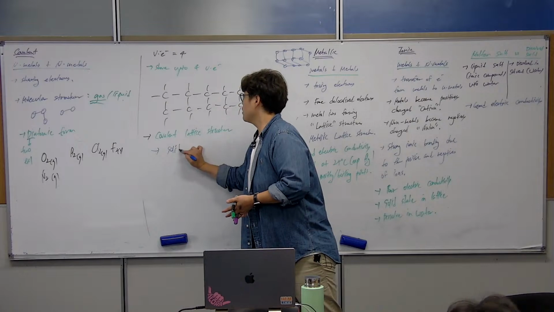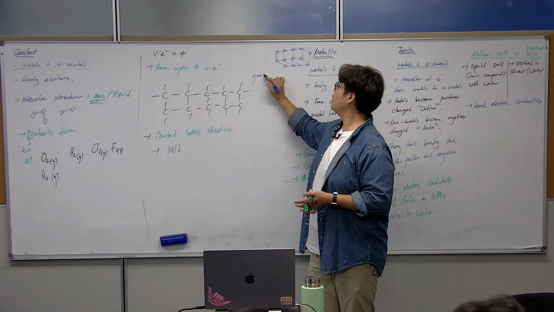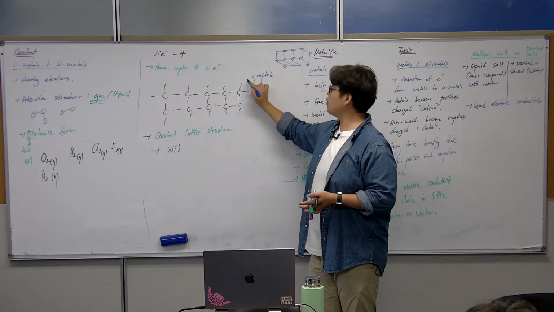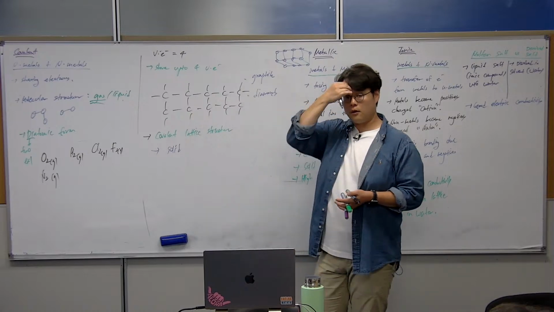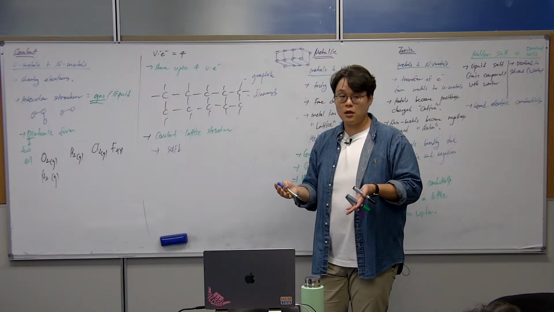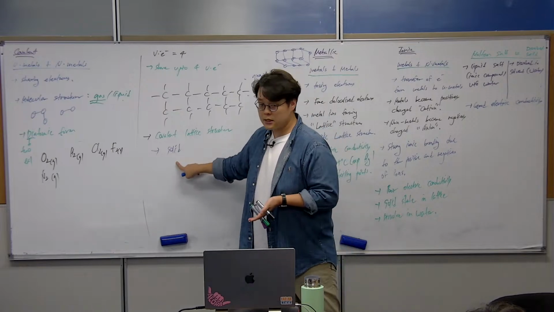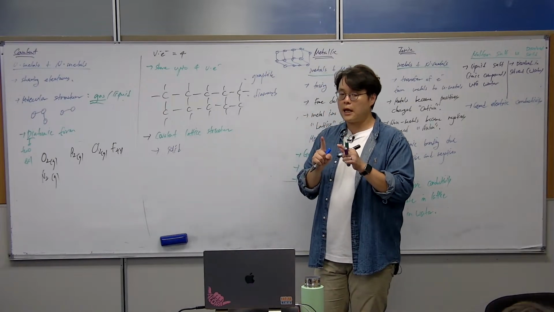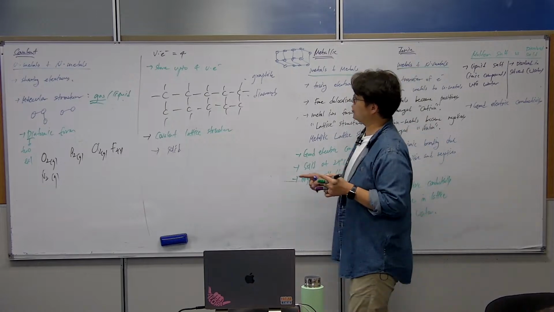What is this, the carbon's network? This is called graphite. Or this is called diamond. Okay, so they are not coming in the gaseous state. We don't have gaseous diamond. We don't have gaseous graphite. We don't have liquid graphite. They are solid state, and depending on structures, they can conduct electricity. They can also have different features too.